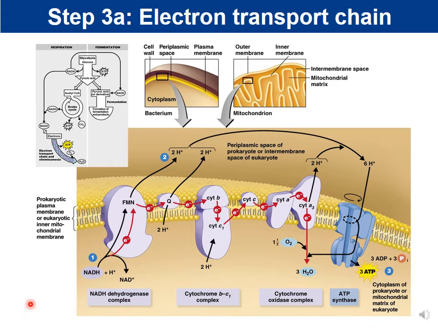So to understand the electron transport chain, one of the things that we need to put on here are the hydrogen ions. So on this side of the membrane, let's say that we're talking about eukaryotic cells for a minute, this would be the intermembrane space.